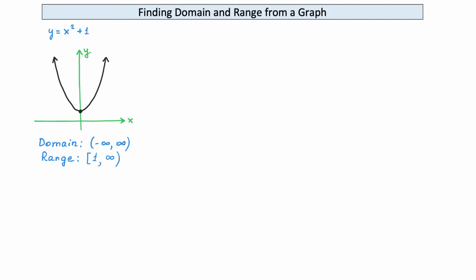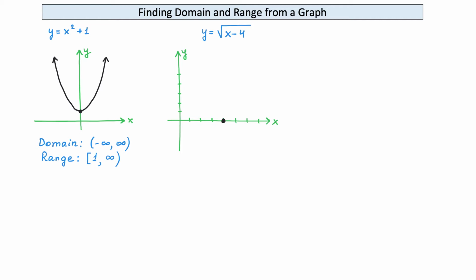Let's see another example. y equals square root of x minus 4. Let's start the graph. The lowest value we could use for x will be positive 4, otherwise we would get negatives inside the square root. And when x is 4, y is 0. So this is the first point.